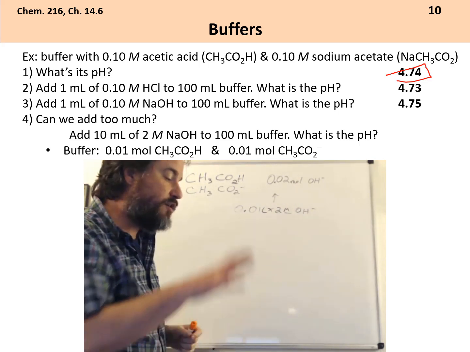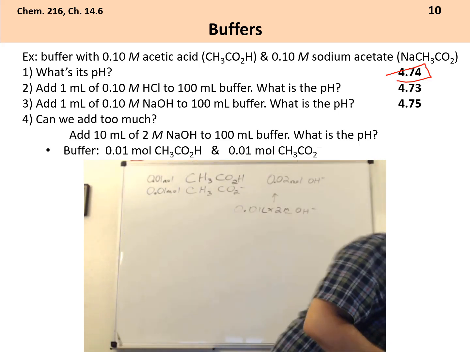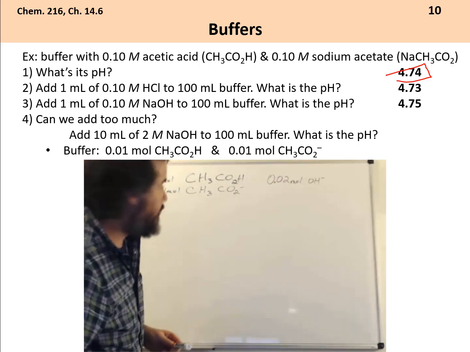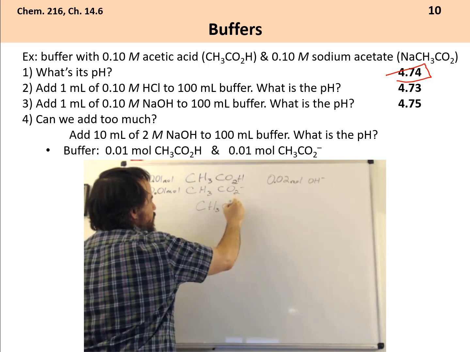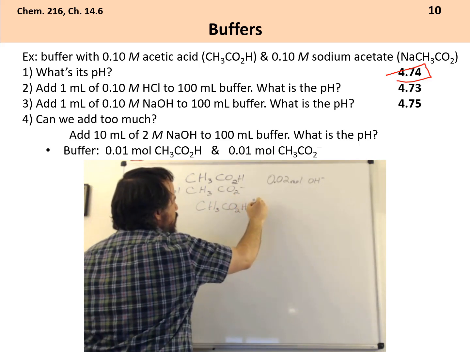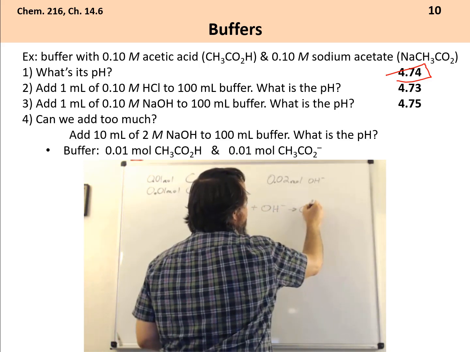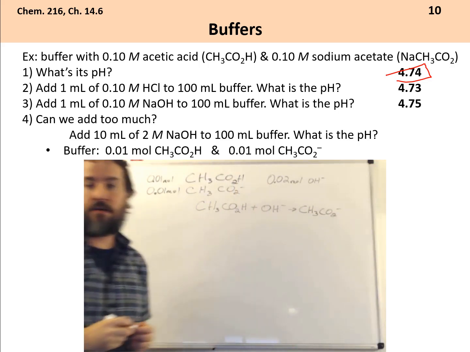Well, acids react with bases. Bases don't react with bases. Acids don't react with acids. This is going to react with my acid. So I'm going to have my CH3CO2H plus my OH minus goes to form CH3CO2 minus.